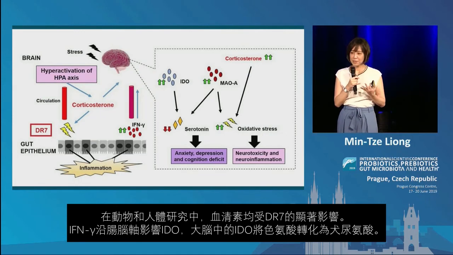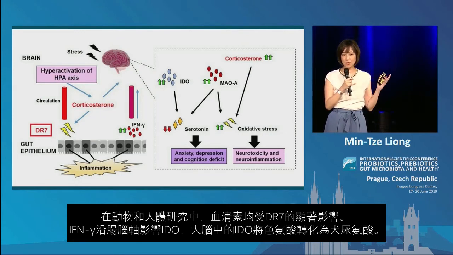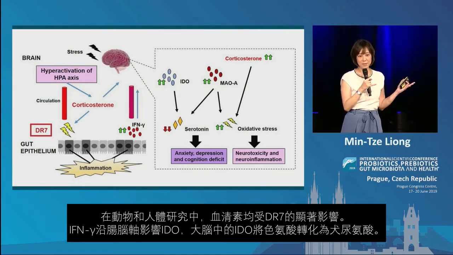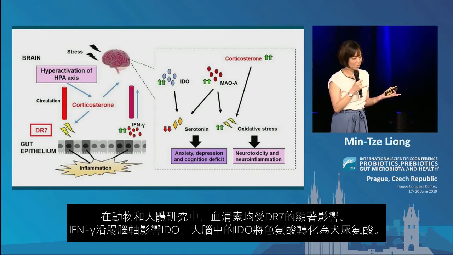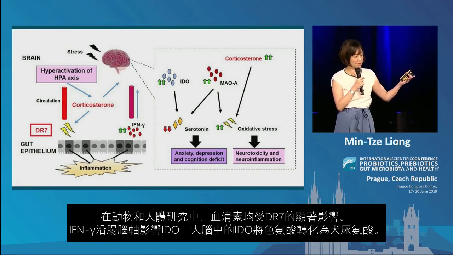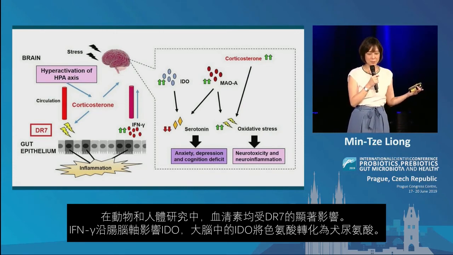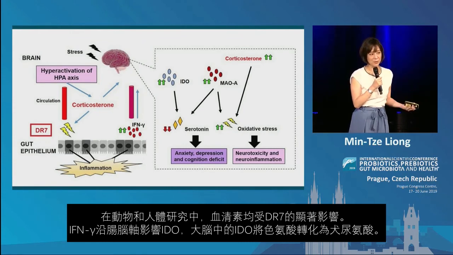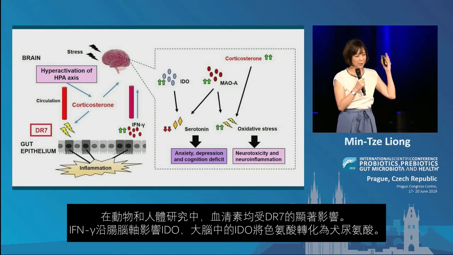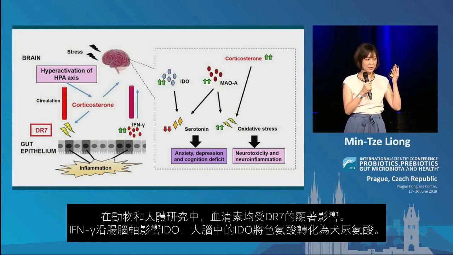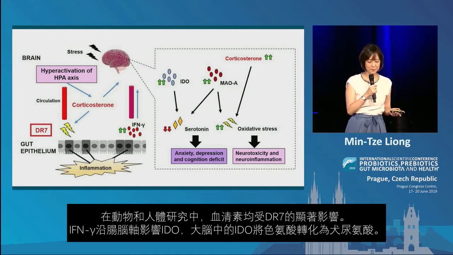In animal studies and in human studies, we saw this as a very prominent biomarker that was affected. So in terms of stress and the gut-brain axis, IFN gamma is actually affecting IDO. And IDO, in turn, in the brain, affects the conversion of tryptophan to kynurenine.